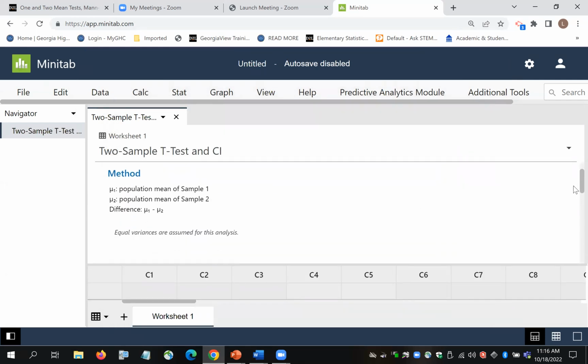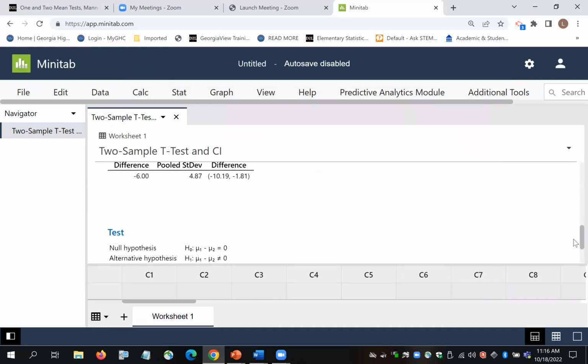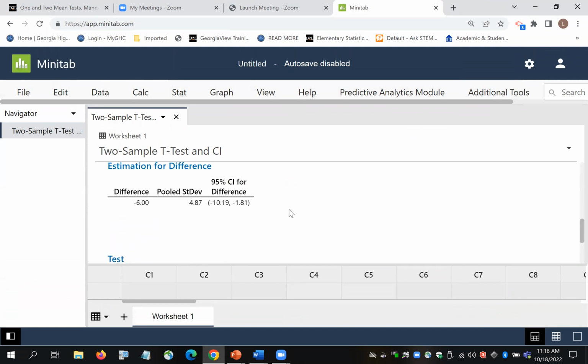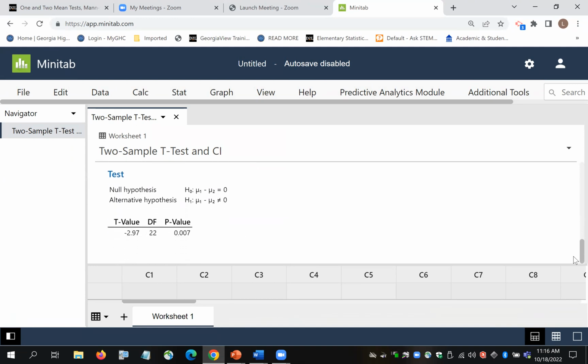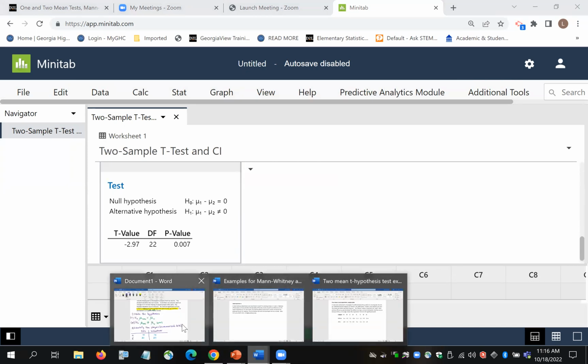Okay, again, remember, this summarizes the information for us, gives us the sample size, the mean, and the standard deviation, which is the information I entered. It gives us the estimation for difference, which will allow us to calculate Cohen's d. But what we really need is our t and our p-value. So I'm going to copy those over.